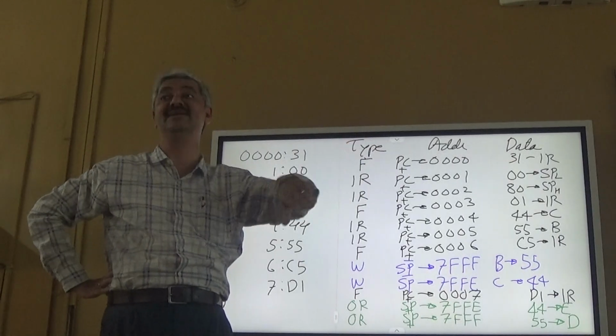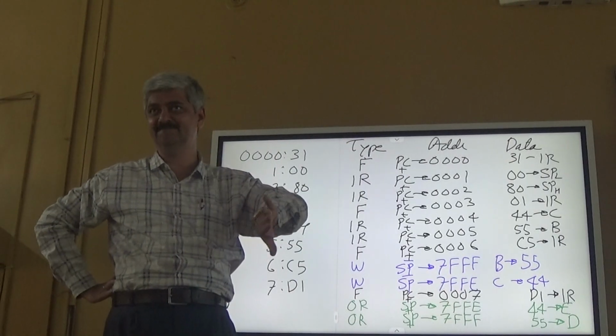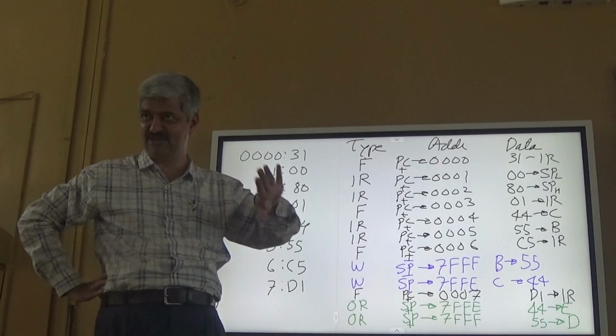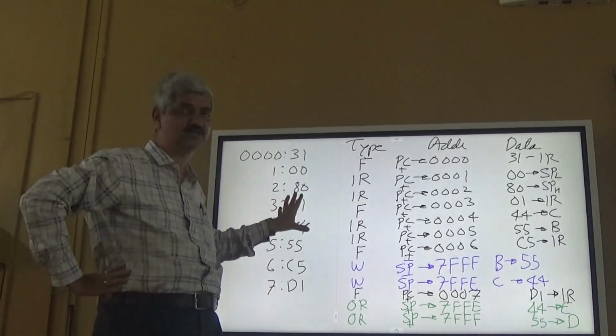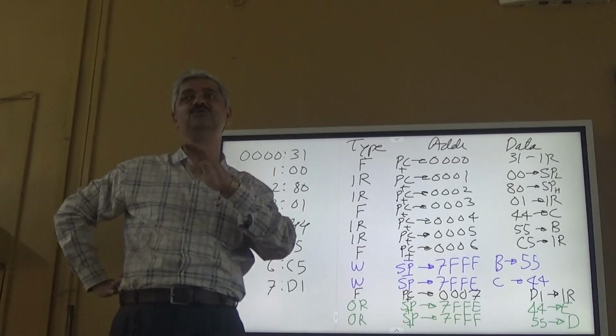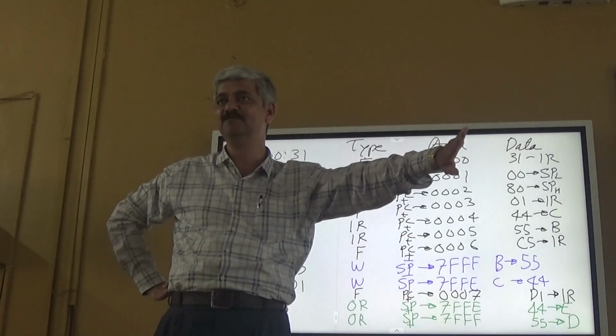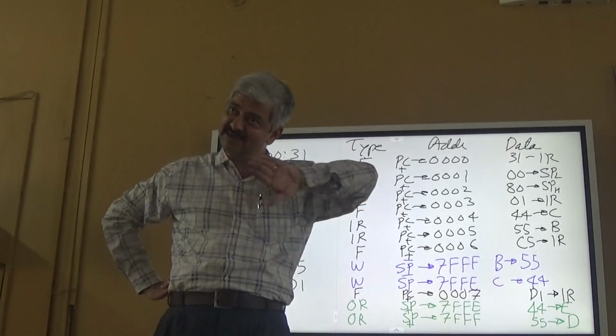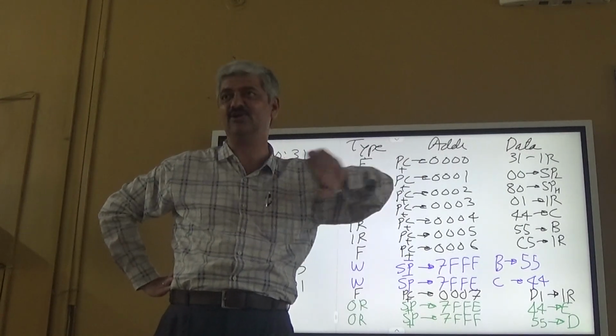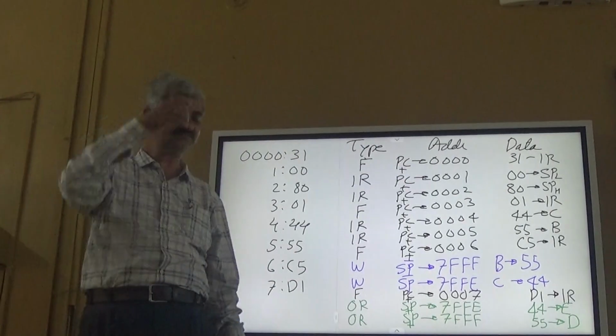Each time you have to increment the HL pair manually. By this way you can do it. But what does push allow you? Push allows you to store it in an automatic process by incrementing or decrementing the stack pointer continuously.